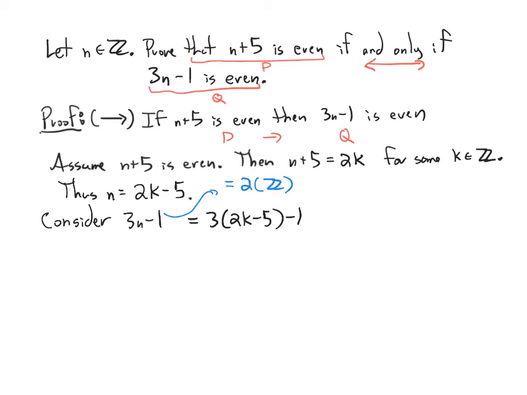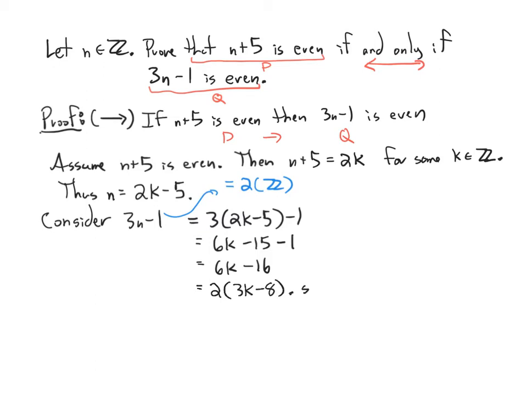All right, let's expand this out, collect our like terms, see what we have. So we get 3 times 2k is 6k minus 15 minus 1, which is 6k minus 16. And I'm in luck. There's a factor of 2 in both terms. Might as well just factor it out. So this becomes 2 times 3k minus 8.